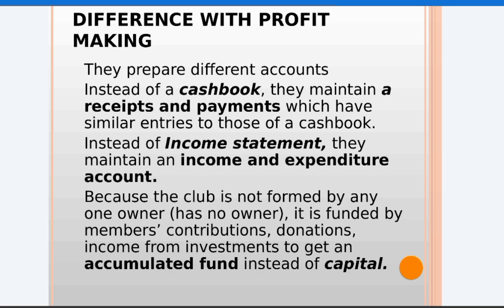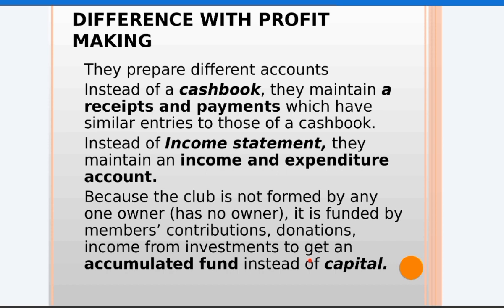And we are looking at it from the point of view of, first, the financial statements that they prepare, and number two, how we treat certain items that are in those financial statements. So let us first look at the differences in terms of the accounts that they prepare. Number one, you realize that these two organizations will prepare different accounts.